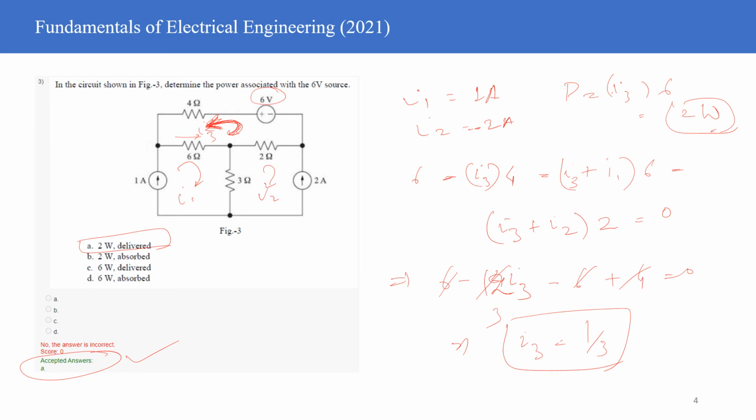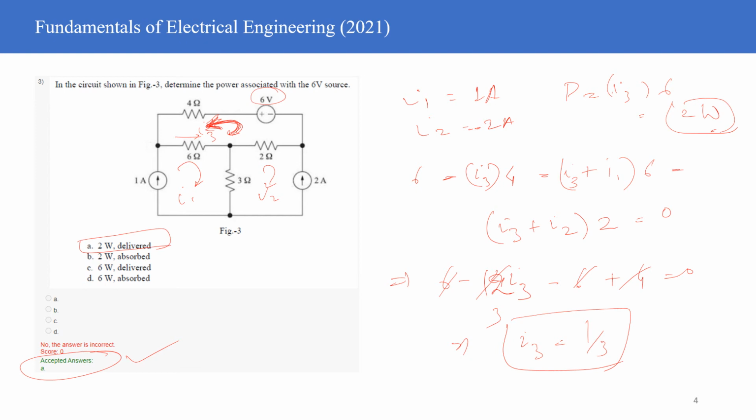I am hoping that you guys have understood this particular question, right? So the principle here which I used was mesh analysis, which is based on simple KVL, and I had to understand which thing I should go for. KCL, KVL, what should I use? That is dependent upon how much you are practicing.